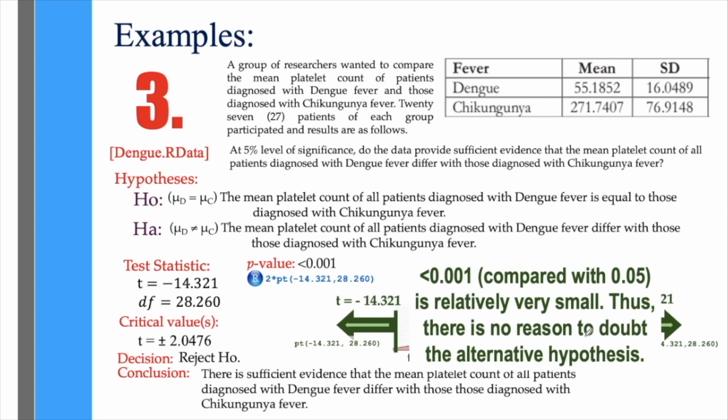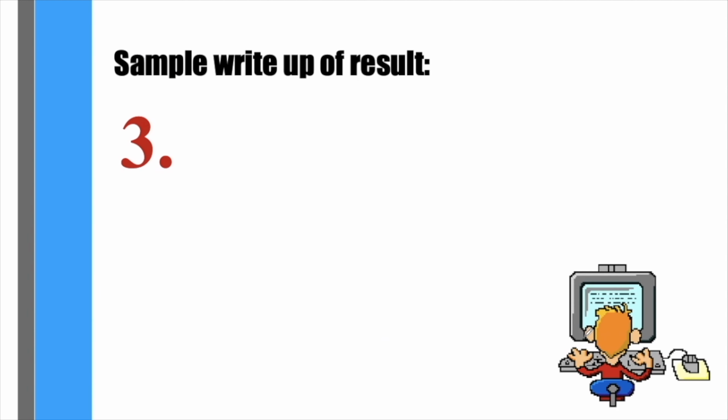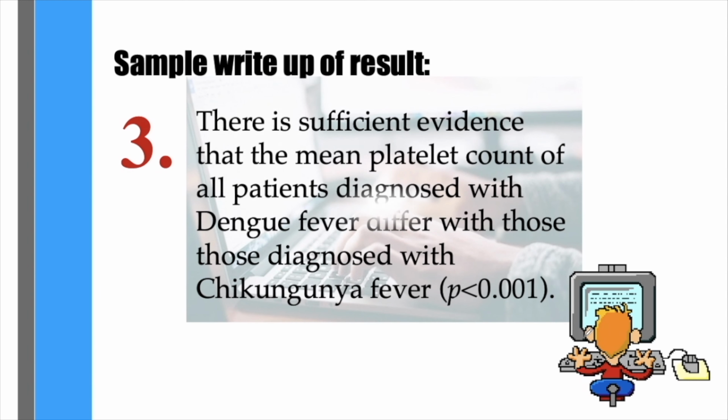And relative to 5%, that is very small. Thus, there is no reason to doubt the alternative hypothesis. That's why we concluded in favor of the alternative hypothesis. And similarly, we may write the result as there is sufficient evidence that the mean platelet count of all patients diagnosed with dengue fever differs from those diagnosed with chikungunya fever. And then the p-value.